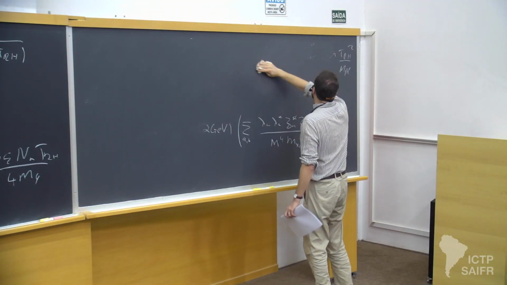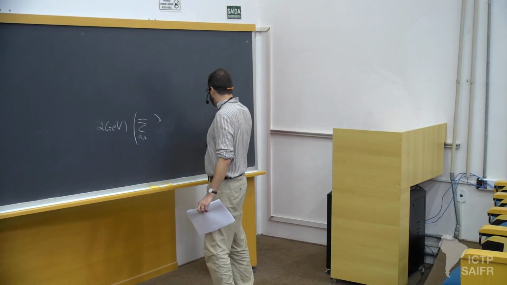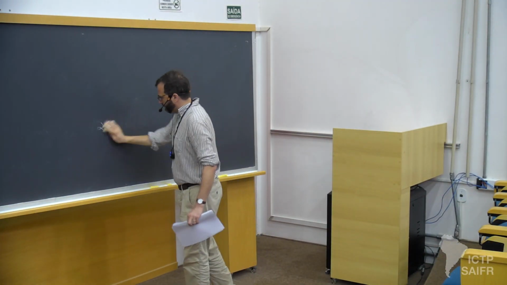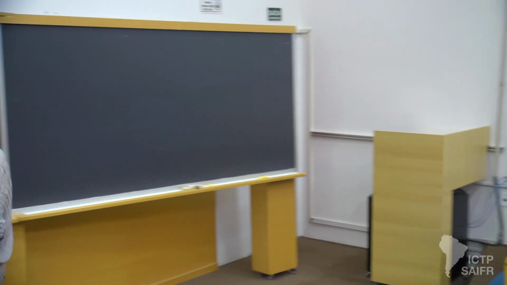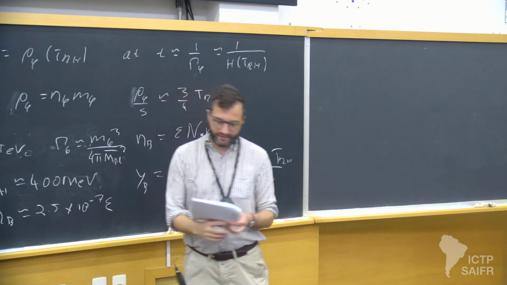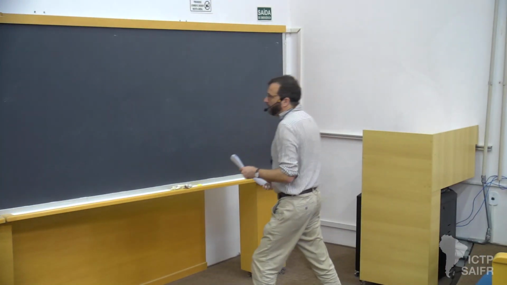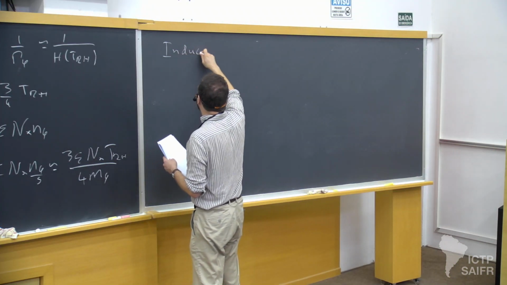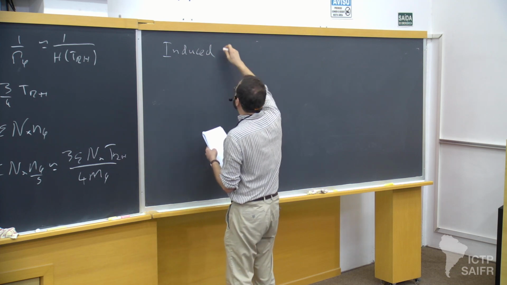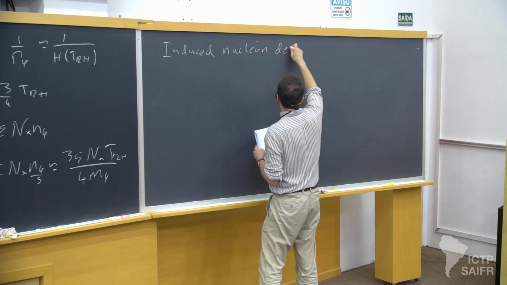And the reason why they're interested in this relatively low scale is to point out that in this sort of scenario, you've hidden the anti-baryons in the dark sector. So you also get an exotic process known as induced nucleon decay.